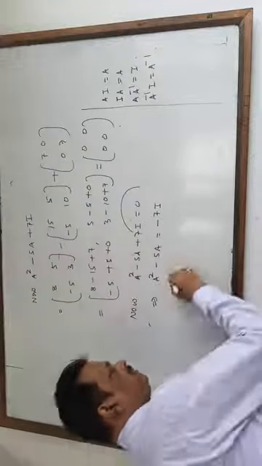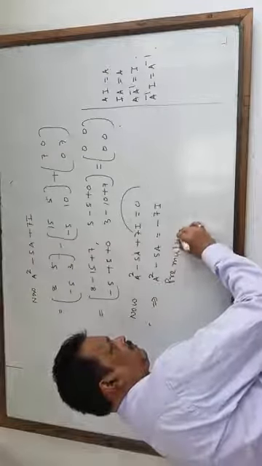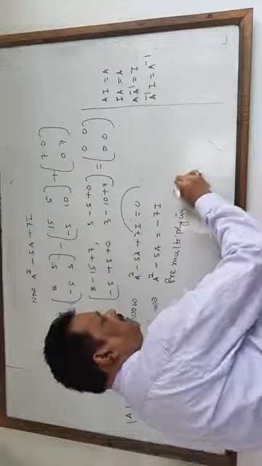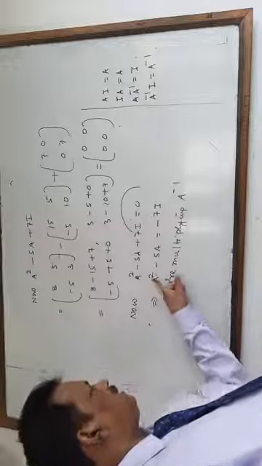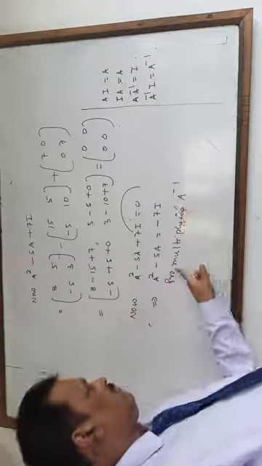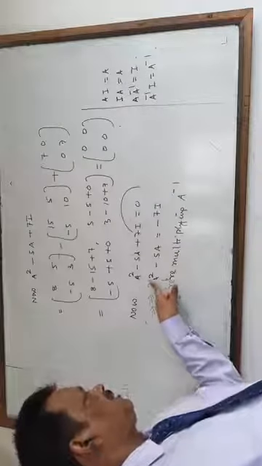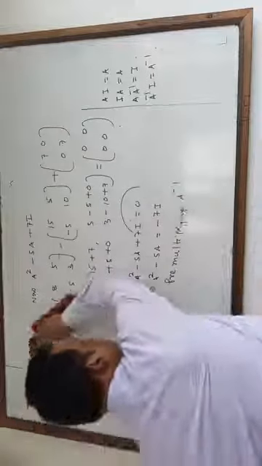Okay. Pre-multiply A inverse. The meaning of this is, on the left hand side of each term you will multiply A inverse. Pre-multiply A inverse means here you have to multiply A inverse, here A inverse, here A inverse. So what will you get?